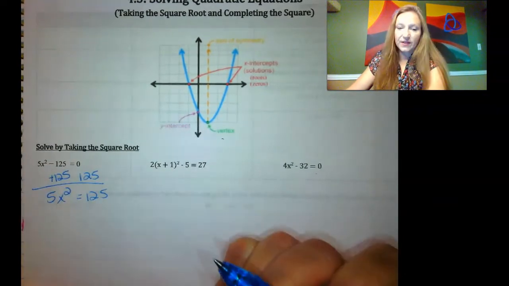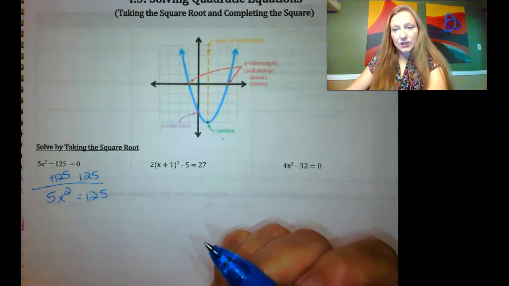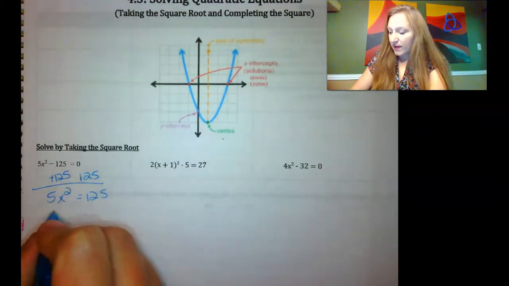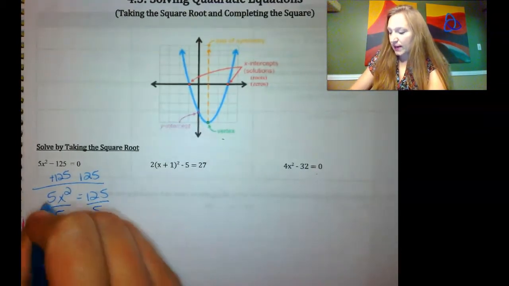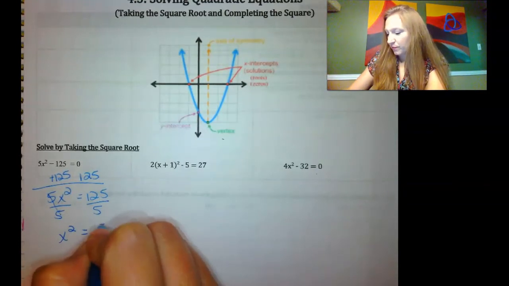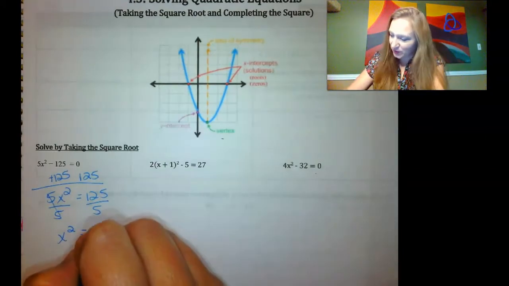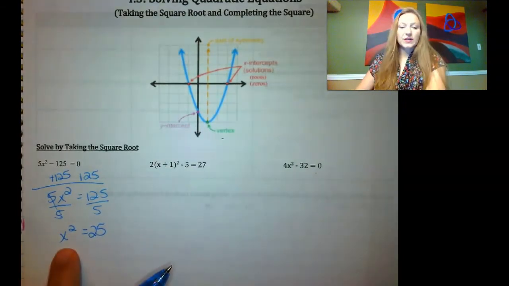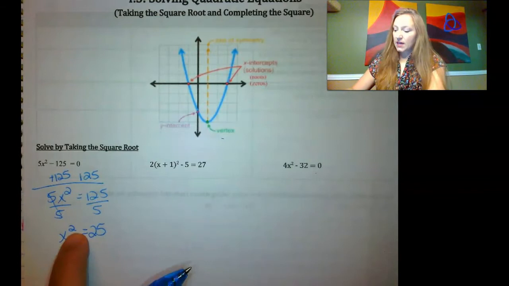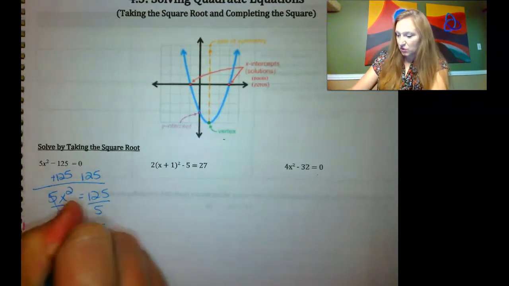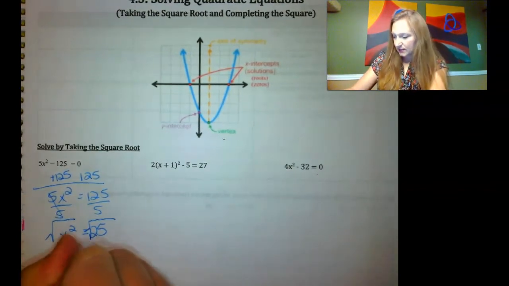Next, algebraically, you would divide by 5 because it is being multiplied right now. And you get 25. All right, so x squared equals 25. To solve, to undo a square, we would take the square root of both sides.